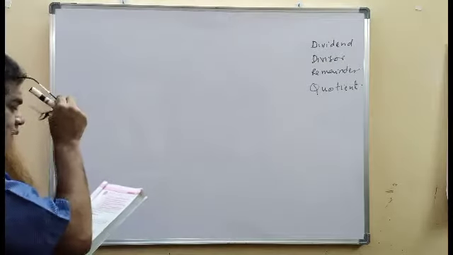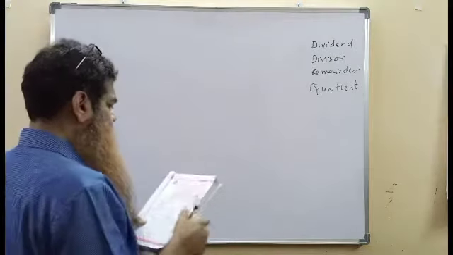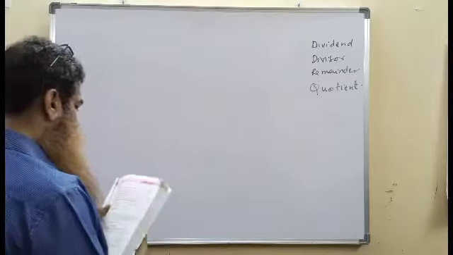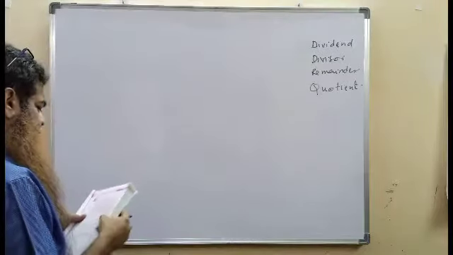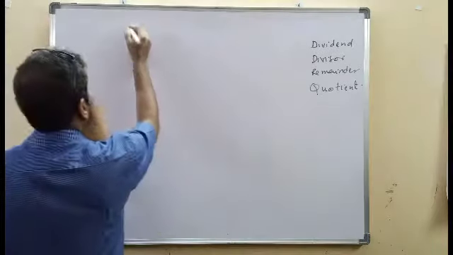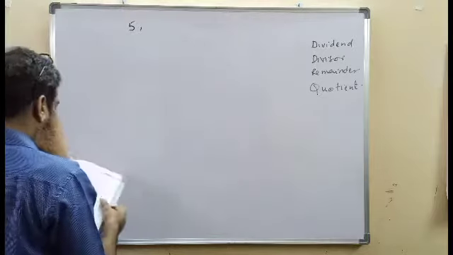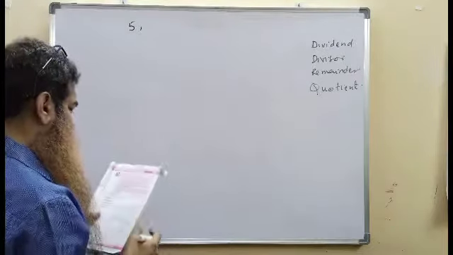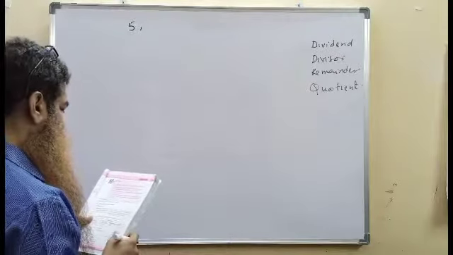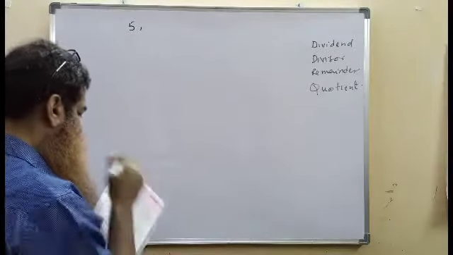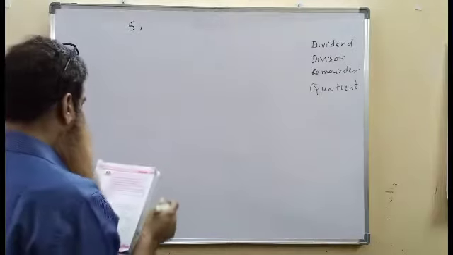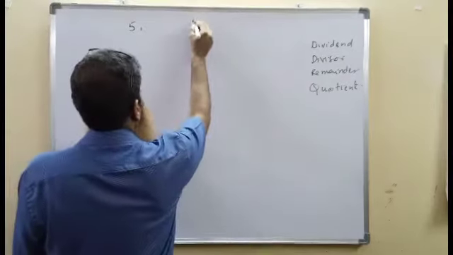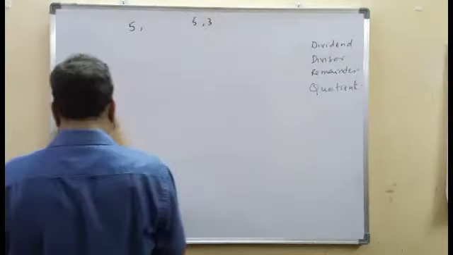Turning to page number 3, Try These. Hamid says 5 by 3 is a rational number and 5 is only a natural number, whereas Sakshi says both are rational numbers. With whom do you agree? Both 5 and 3 are rational numbers.